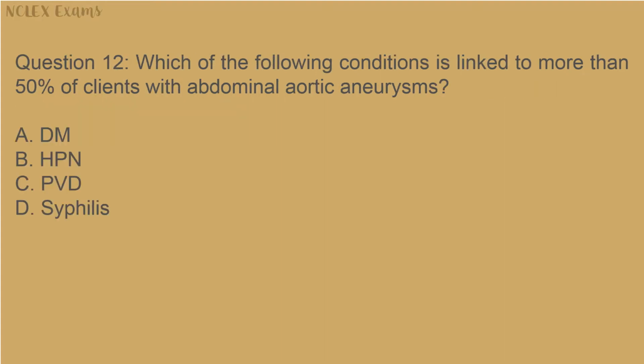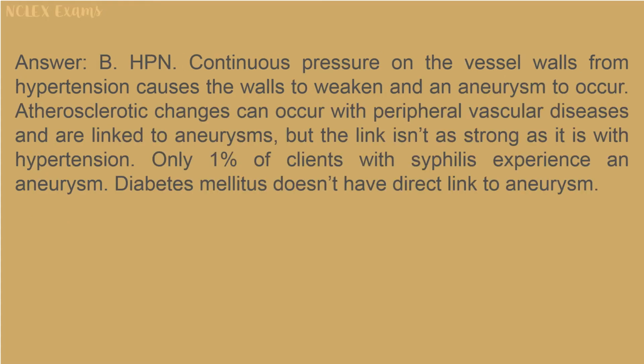Question 12. Which of the following conditions is linked to more than 50% of clients with abdominal aortic aneurysms? A. DM. B. HPN. C. PVD. D. Syphilis. Answer: B. HPN.